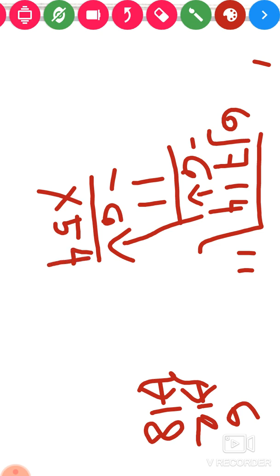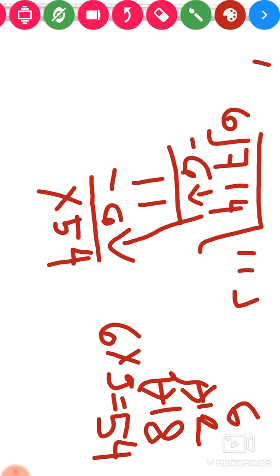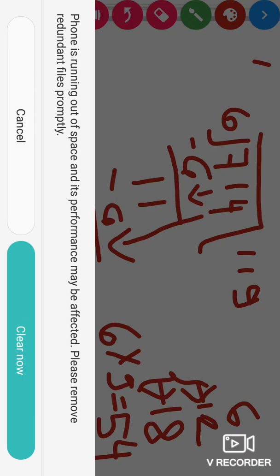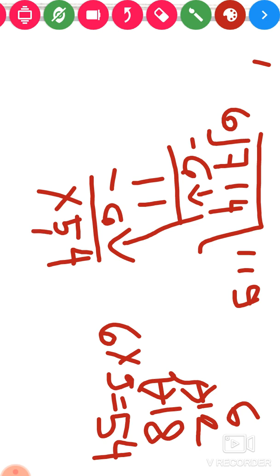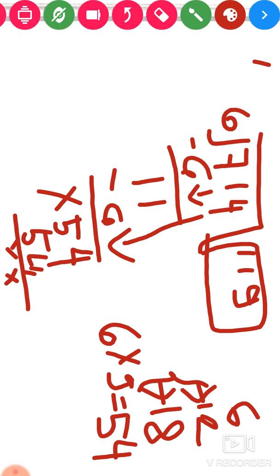So does 54 come in 6's table? Count the 6's table. Yes, 6 nines are 54. Now let us put a cross here. Okay, so our answer is 119.